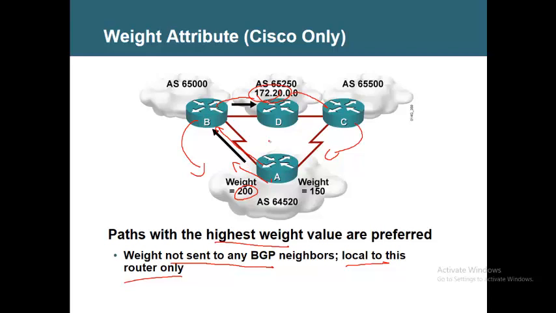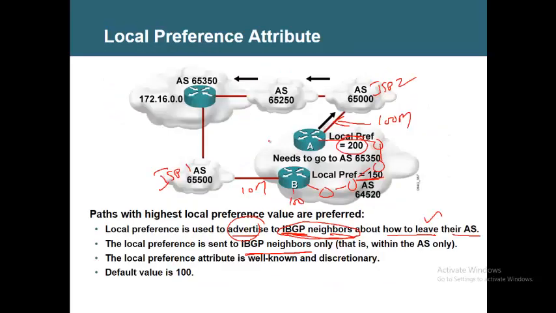And it is only that A router in this autonomous system. If you have many more routers in the same autonomous system, it won't go like this. It will only go as per other attributes. Weight you have set only on A, so it is only for A. Whereas local preference, though you set only on A, is for all routers in the autonomous system.